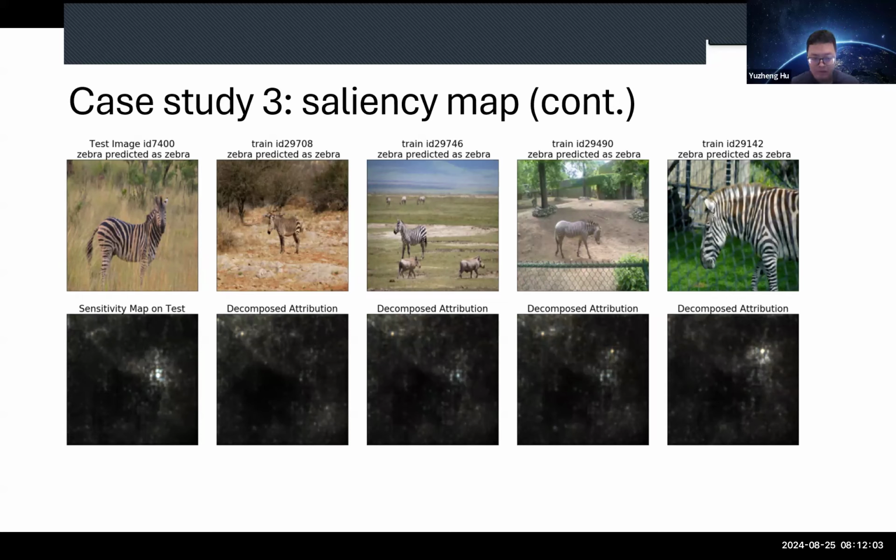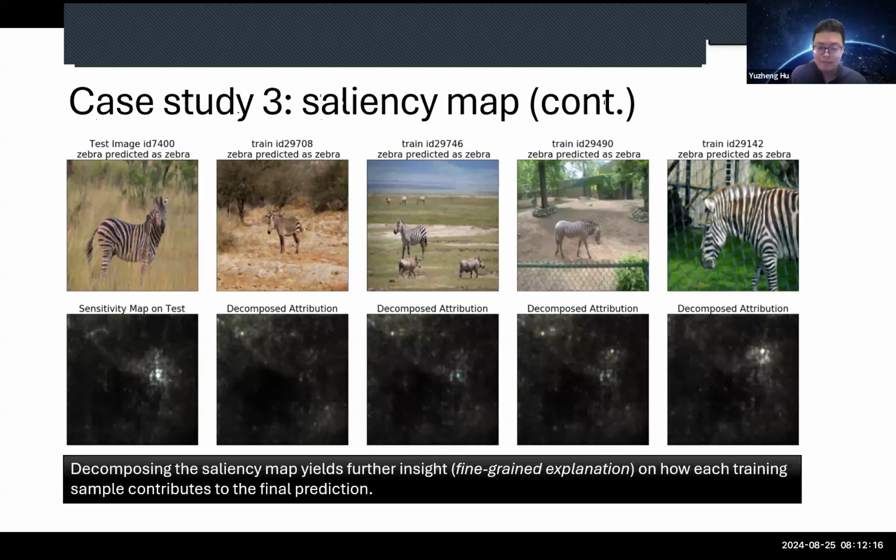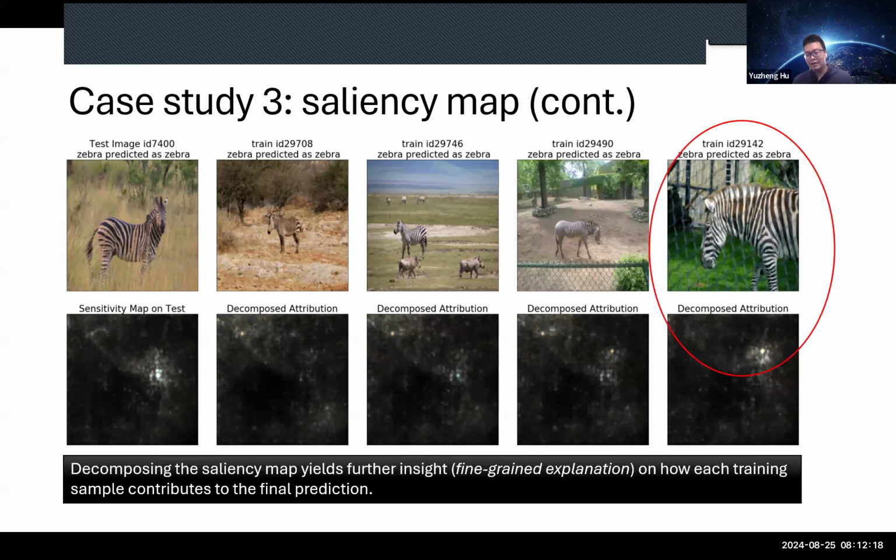And then the 4 columns on the right are images selected by representative point selection. We can first look at the right column. Here we see that this image has a very significant emphasis on the head of the zebra compared to the images in the middle.